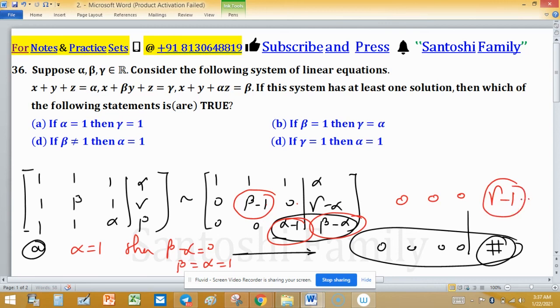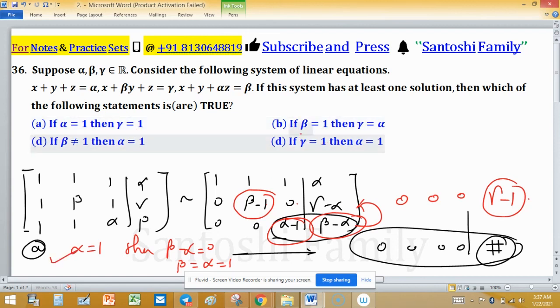Otherwise, if gamma minus 1 is a non-zero number, then make the third row above in place of row 2, and the coefficient matrix and augmented matrix will have different rank. So it is necessary that if alpha equal to 1, then gamma equal to 1. So option A is right here.